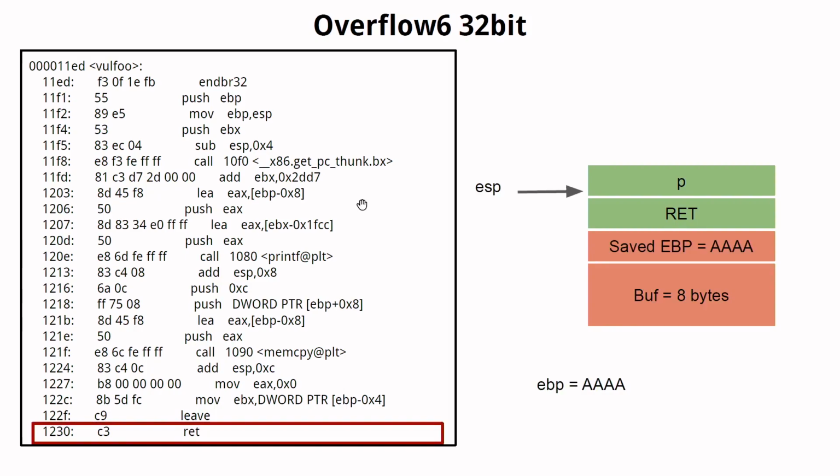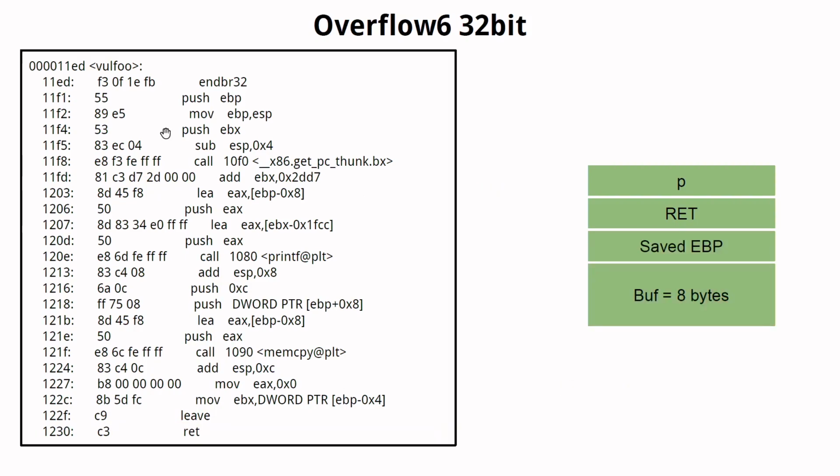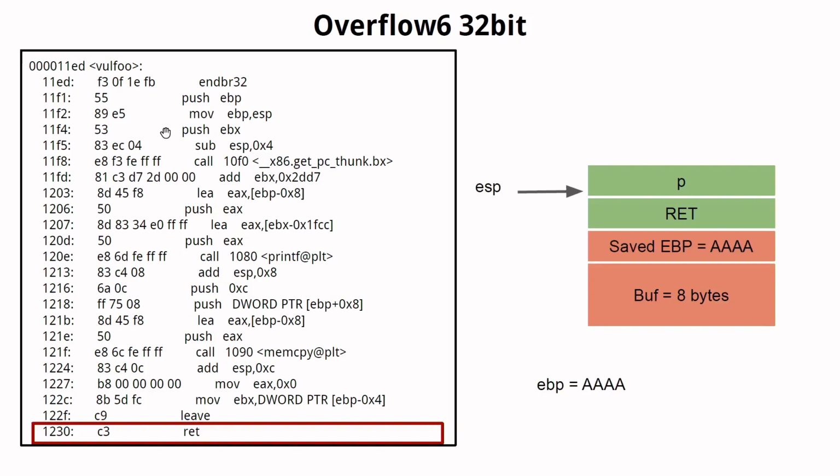So let's say at the end of the valfoo function, you already know that valfoo calls the memory copy, right? Which means you will be able to copy from the beginning of a buffer, 12 bytes of it. If you look at the disassembly, here is a memory copy. The first argument of memory copy is a destination, which is in register EAX. And the EAX actually points to EBP minus 8.